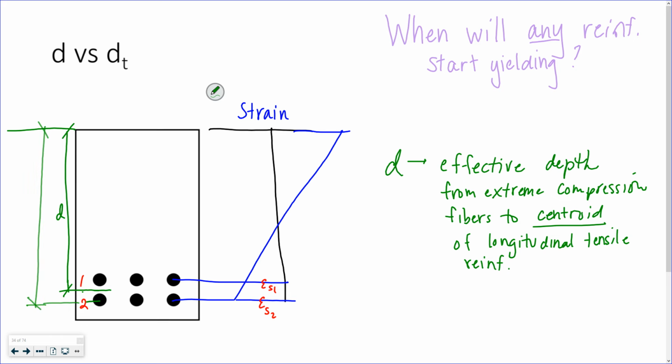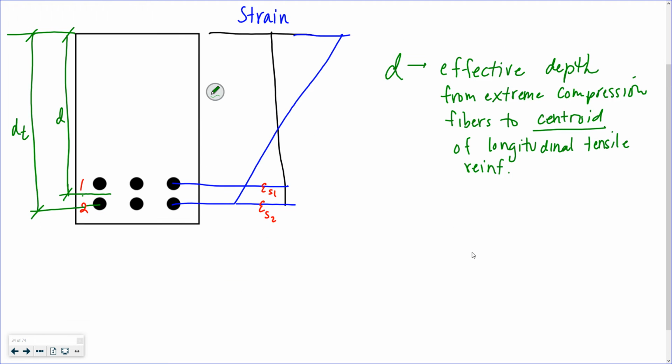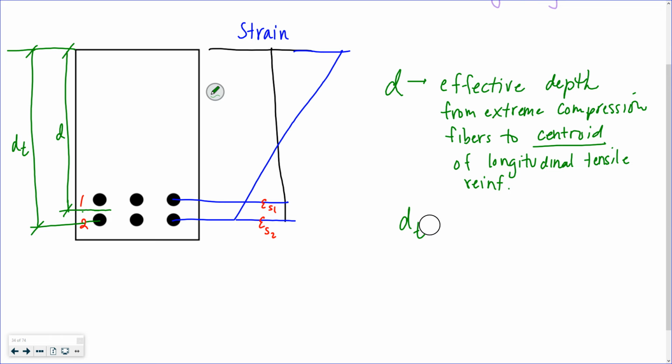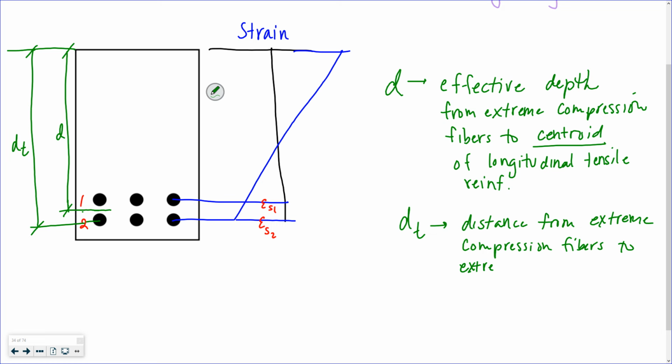And now those things are going different ways. dt is the distance from the extreme compression fibers to the extreme layer of longitudinal tensile reinforcement.